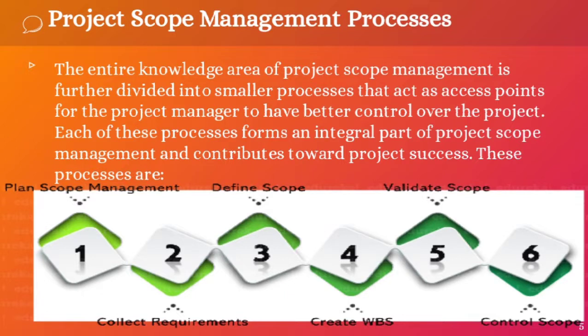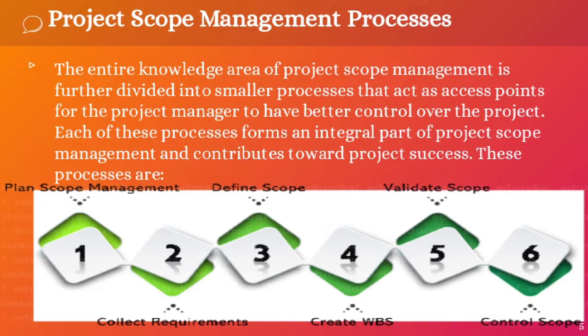Next are the project scope management processes. The entire knowledge area of project scope management is further divided into smaller processes that act as access points for the project manager to have better control over the project. They ensure that a particular project includes all the work relevant to achieve the project's objectives.